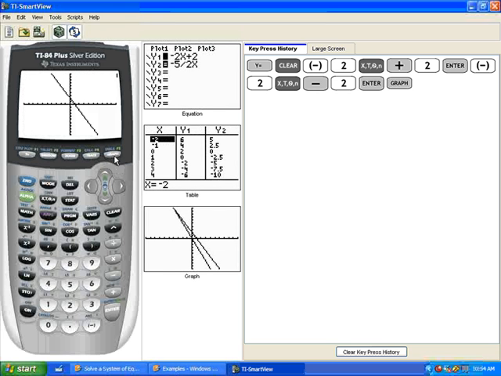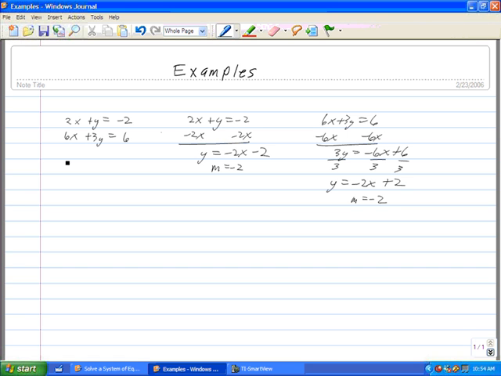When we graph that, we get parallel lines, and therefore we know that this system of equations has no solution. Didn't have to look at the graph to see that. We could have looked at the equation to find that out, but the graph just verifies what we already suspected was happening.